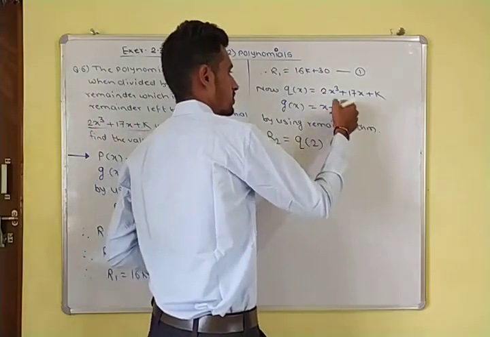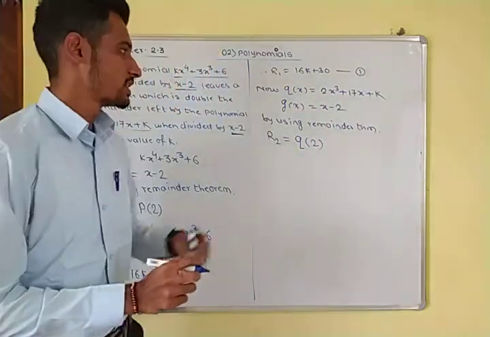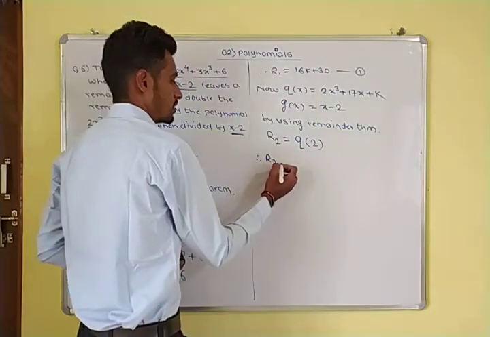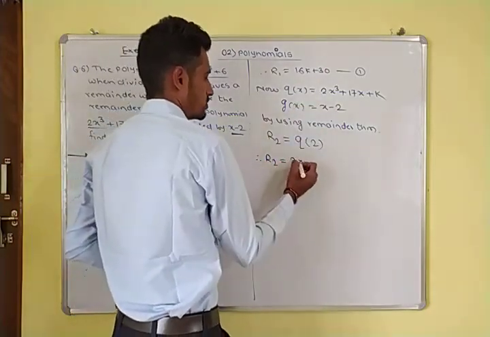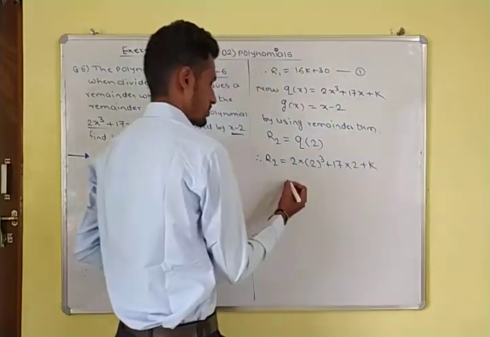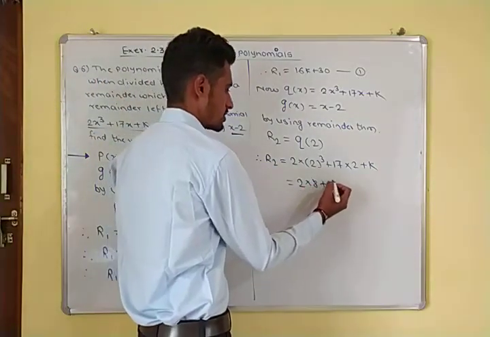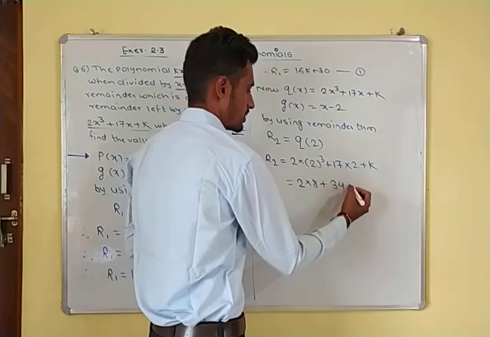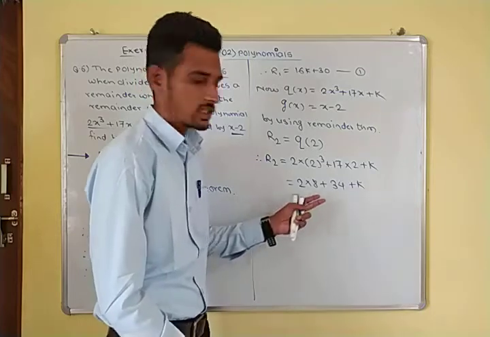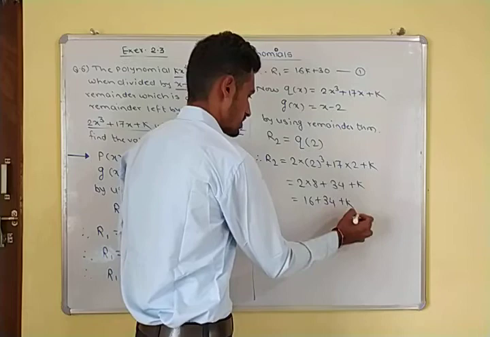x minus a के बदले कौन काम कर रहा है? 2. So q of 2 पुट करना है, that is the remainder of this polynomial. Therefore r2 is equal to 2 into 2 to the power 3 plus 17 into 2 plus k, which is 2 into 8, that is 16, plus 34 plus k.